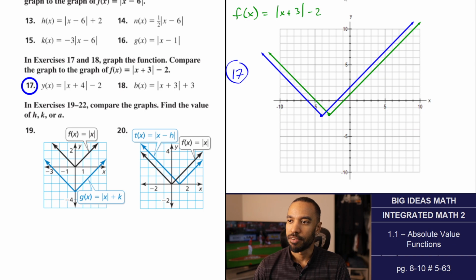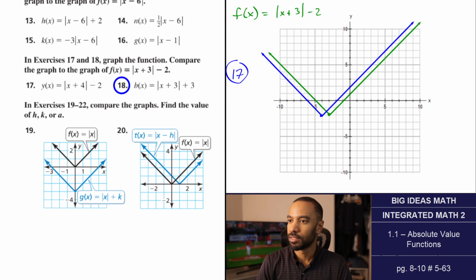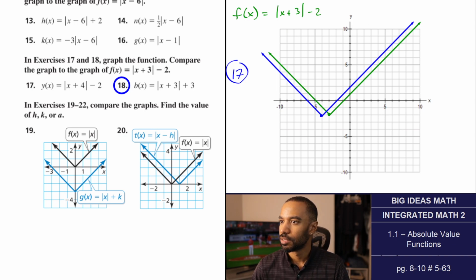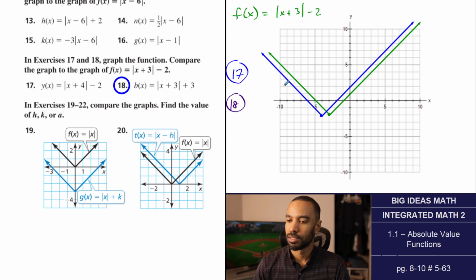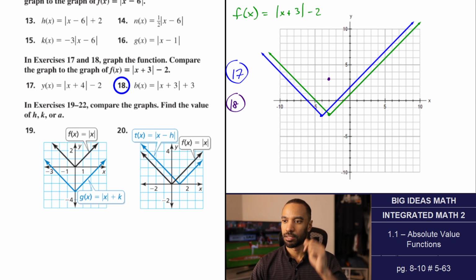Number 18 is b of x, absolute value of x plus 3, so 3 to the left, plus 3 up. No change in a.